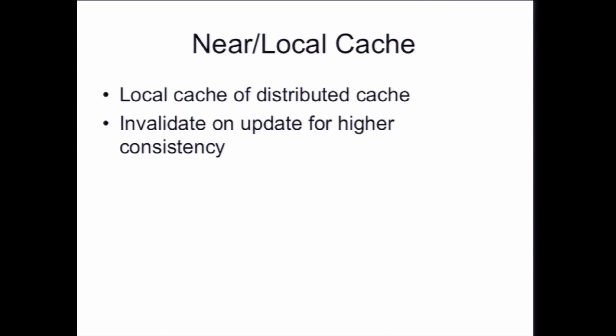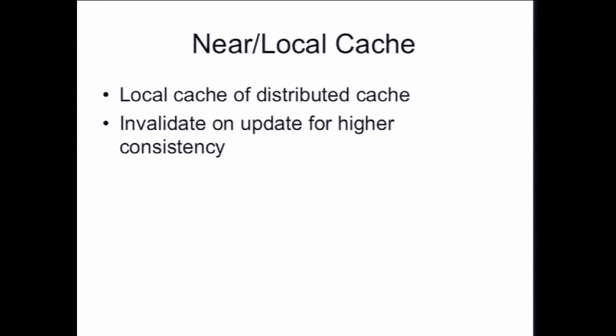But anytime we talk about caches, we talk about consistency problems. Your cache might not be that up to date. So always consider invalidating on update for higher consistency. But if your update rates are very high, then you might kill the cluster, because invalidation is also very costly, right?